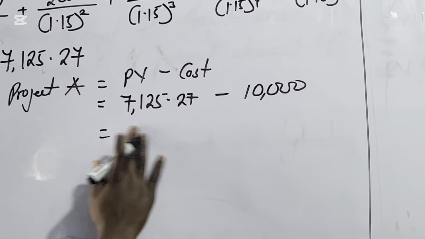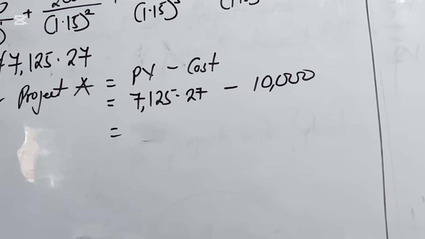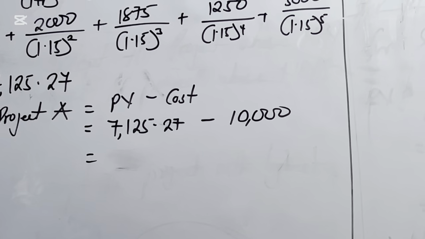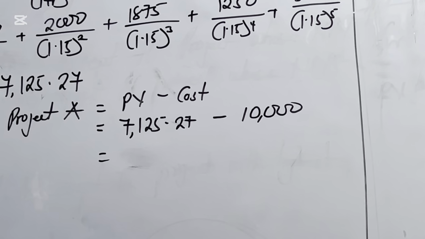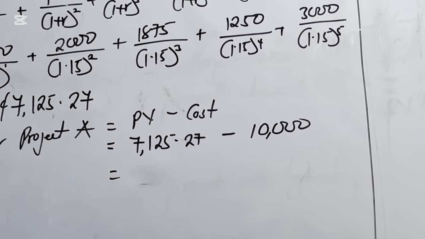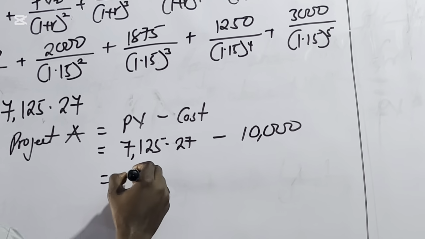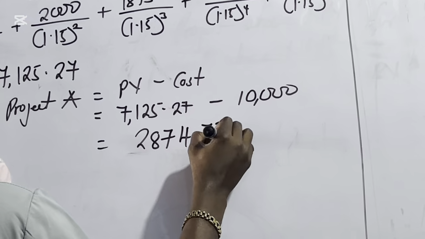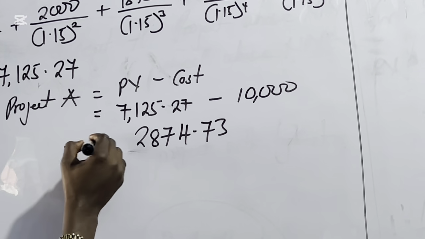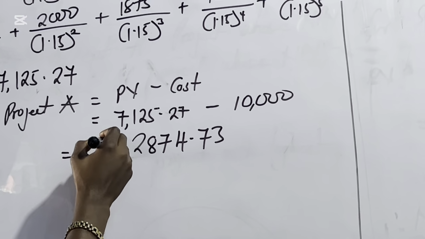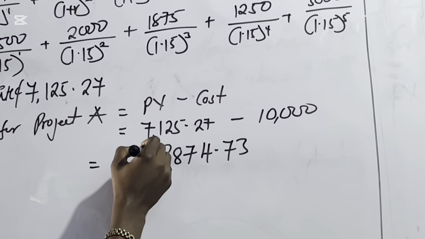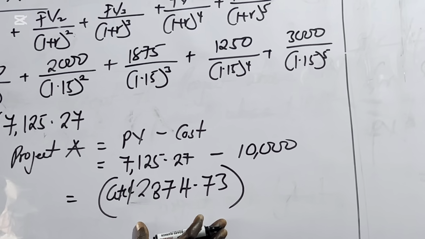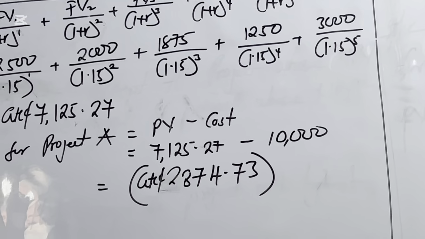So 7,125.27 minus 10,000 will give us negative 2,874.73. But in accounting and finance, we don't normally write negative. So a negative value means you put it in a bracket. So that is our net present value.